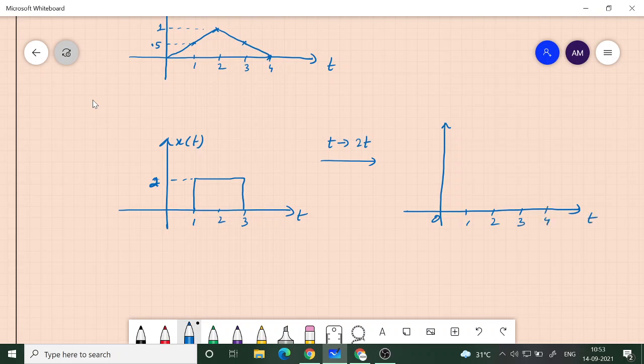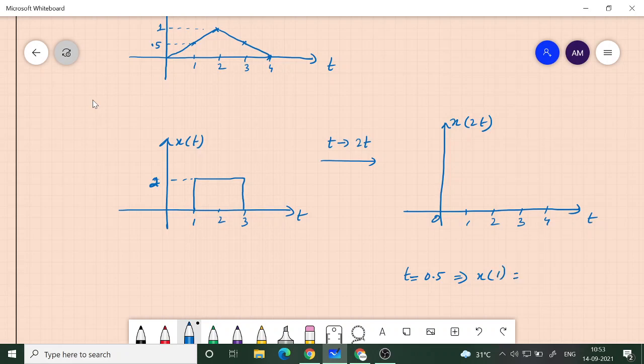So now we need to find out. We are plotting x of 2t. When t is equal to 0.5, that means x of 2 into 0.5, x of 1. And what is x of 1?